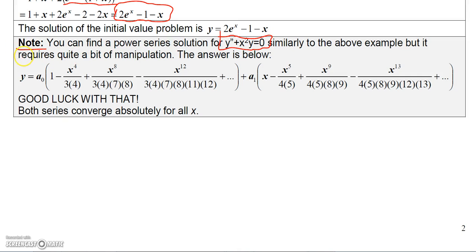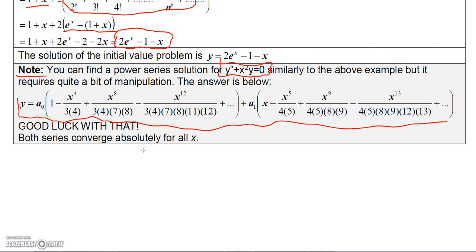But it does require quite a bit of manipulation, and the answer is here below. But like I said, good luck with that. Both of these series actually converge absolutely for all x. So using these series to solve differential equations could be fairly simple or very nasty.